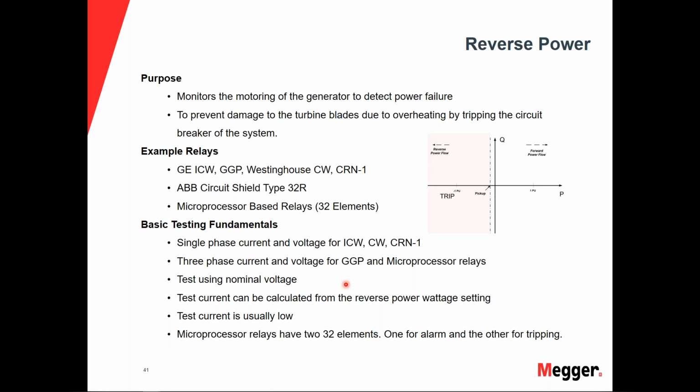Some electromechanical relays only allow you to test in a certain manner. What we try to do, if possible, is test how it's actually hooked up in the system. Test using nominal voltage, the current is going to be fairly low for that element, and then we're also going to give an alarm or a trip.